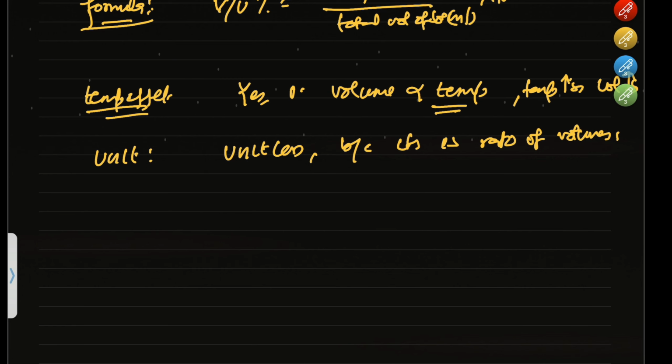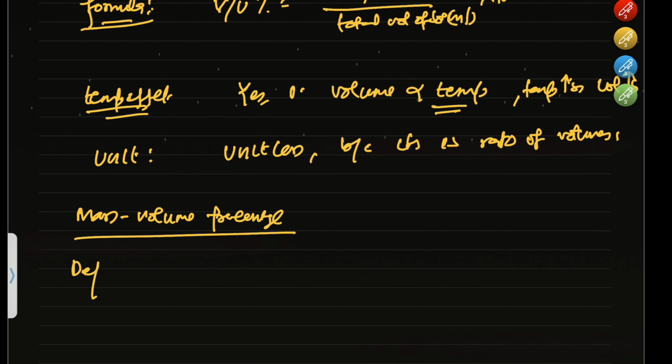Next is mass volume percentage. What is the definition of mass volume percentage?